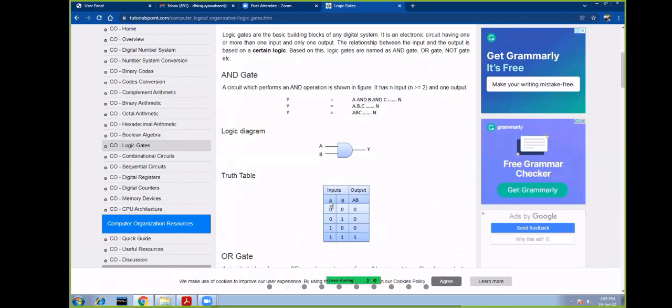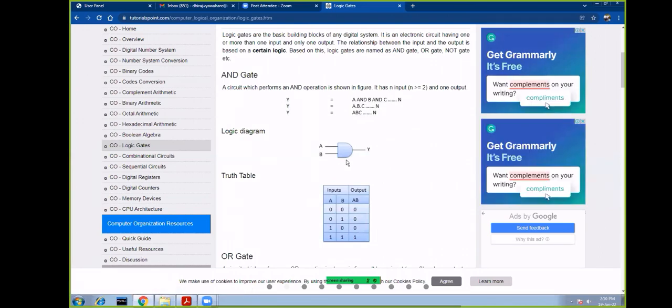Inputs A and B are shown. Different combinations are 4, as we have used 2 inputs. If instead of 2, I add 1 more input, A, B, C, what will be the different combinations? 2 raised to power 3. If I add 4 inputs, 2 raised to power 4, that will be 16.